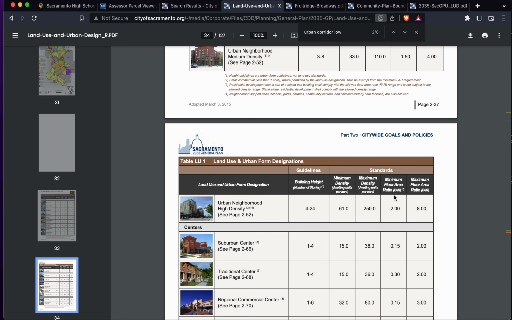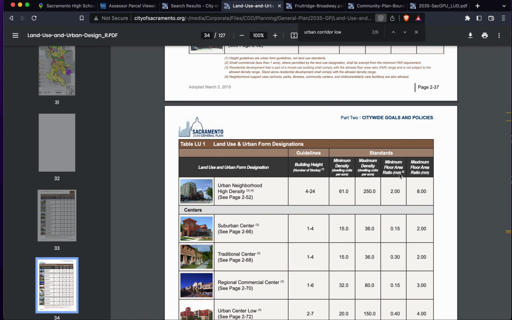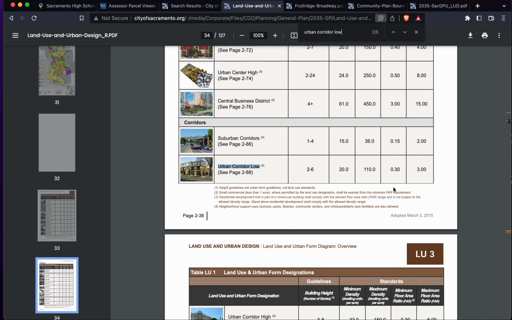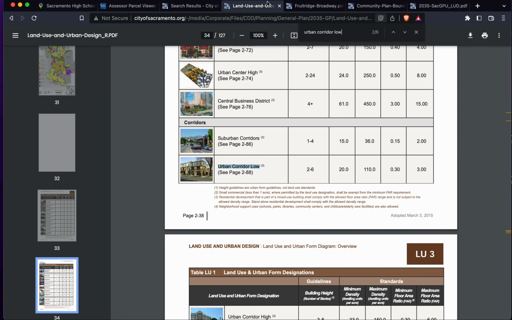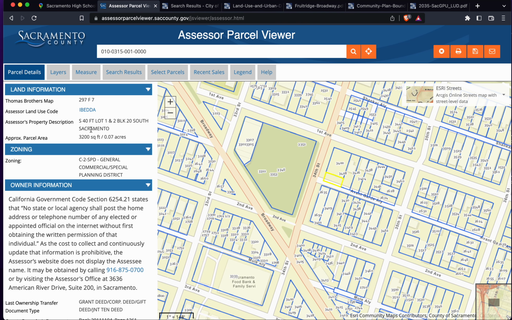Let's look at the minimum floor area. There's a minimum and maximum, which is an FAR, meaning floor area ratio. So let's look at that one. If you have land of 3,200 square feet, according to this guideline you must have 0.3, or 30%, of 3,200 square feet.